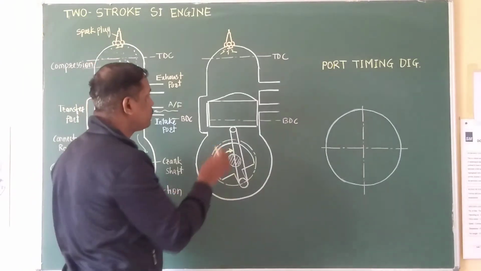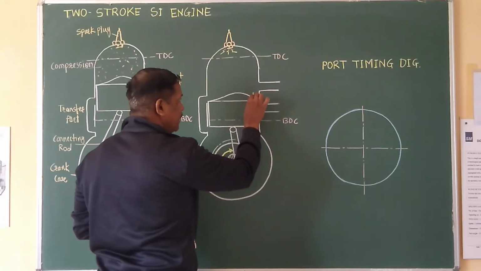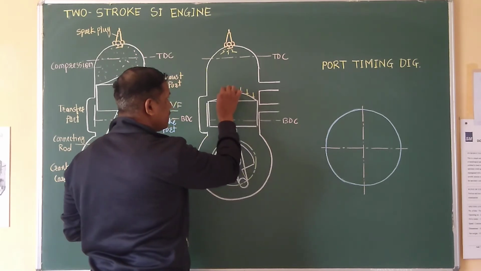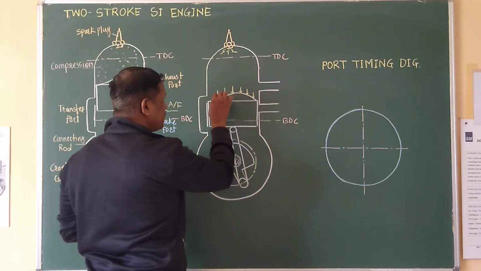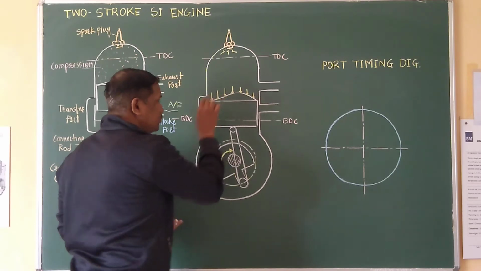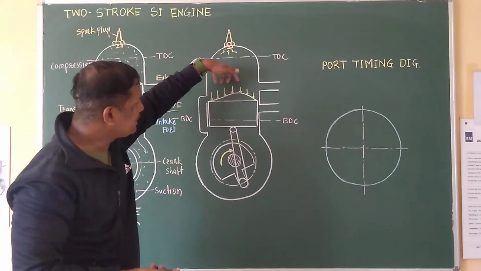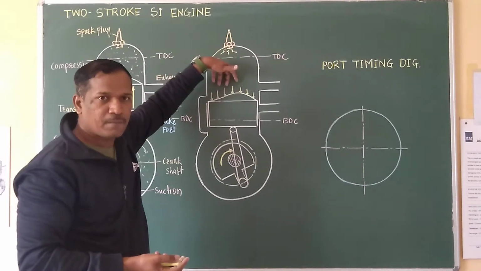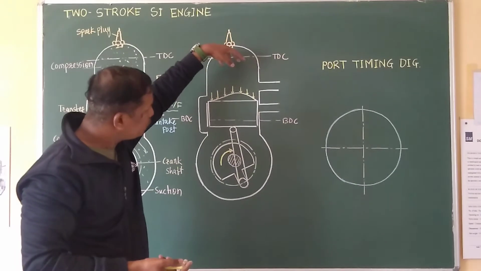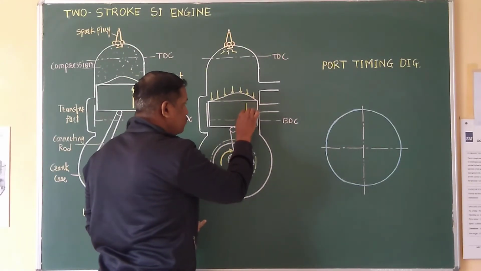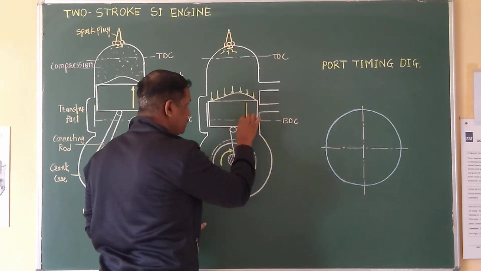So when the piston is at TDC, this crown will be here, and the whole charge gets compressed to very high pressure and high temperature. At that time the spark will ignite and be produced. Due to this spark, the compressed charge gets burned and tries to expand.